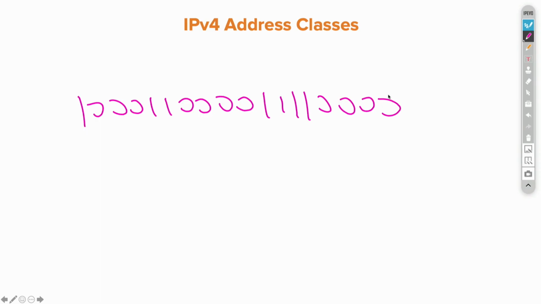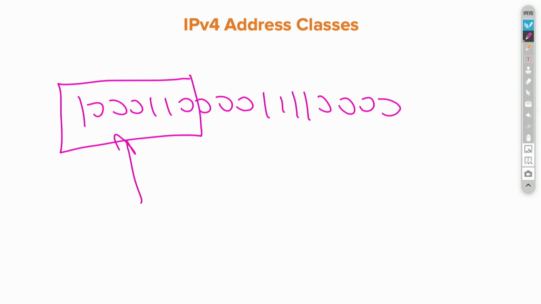My laptop somehow has to know that this right here is a binary pattern that's common to everybody else in the payroll department. That's my department. So if I create a packet and the destination of the packet matches this exact same pattern, I know that destination's in my network. If the destination of the packet has some pattern different than this, then I know it's not in my network and I have to forward that packet to a router.